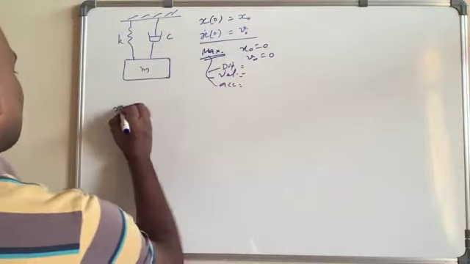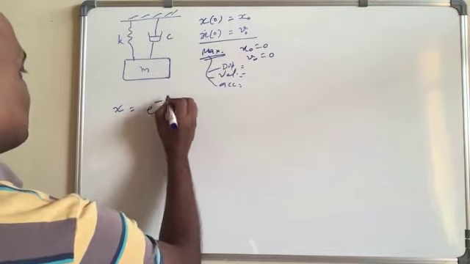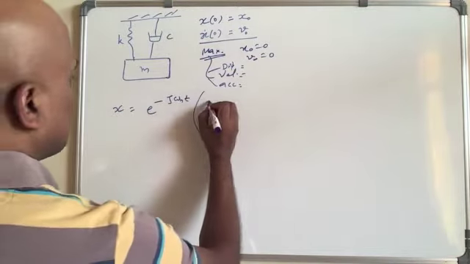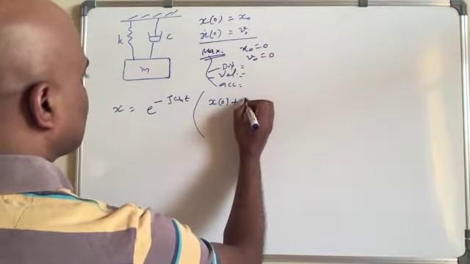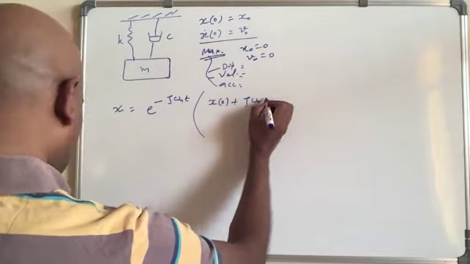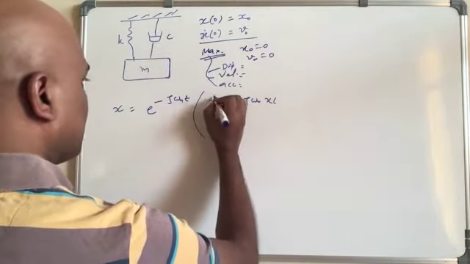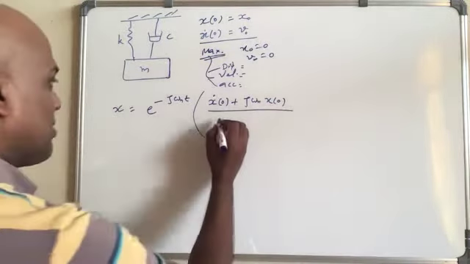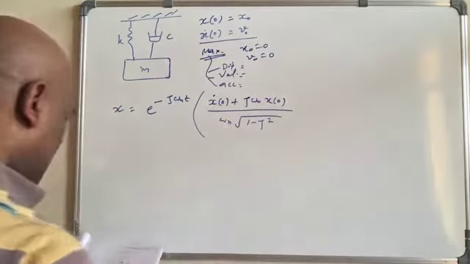displacement that we derived for this case, and displacement was x equal to e to the minus zeta omega n t, and then you have x dot at t equal to 0 plus zeta omega n x at t equal to 0, divided by omega n root 1 minus zeta square.